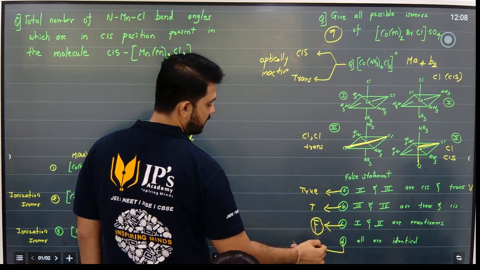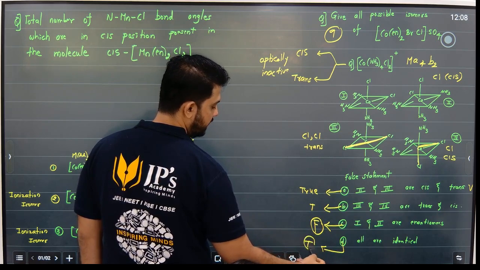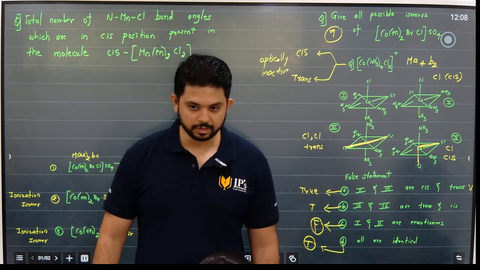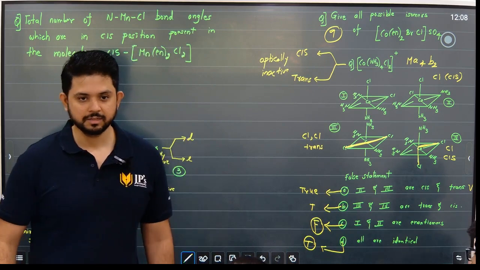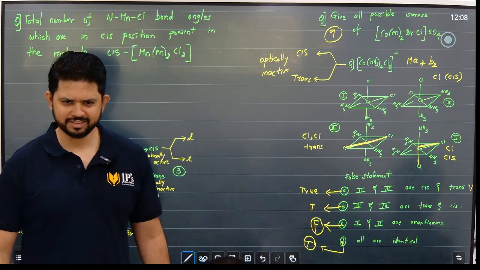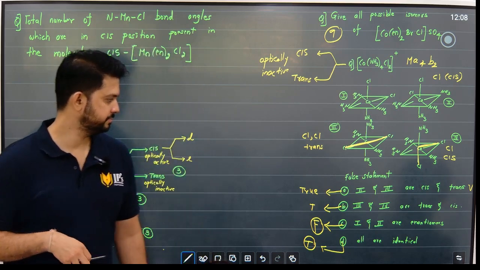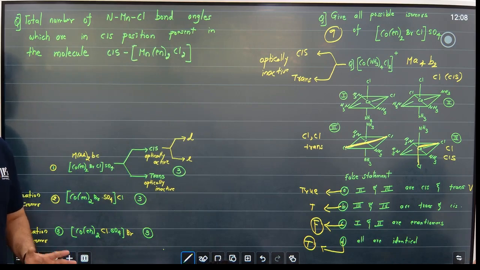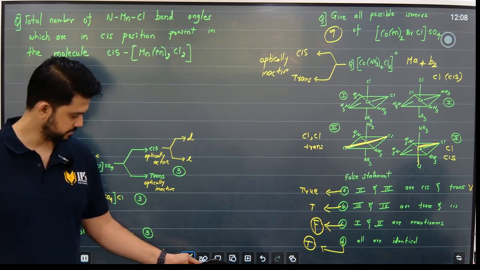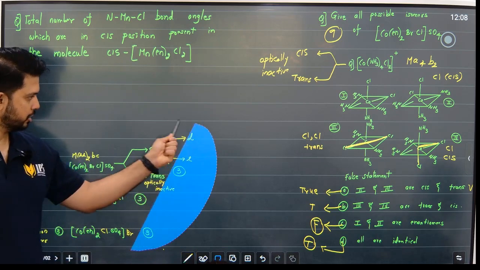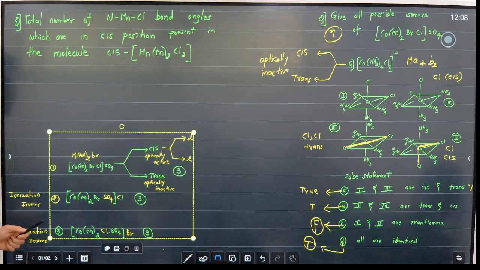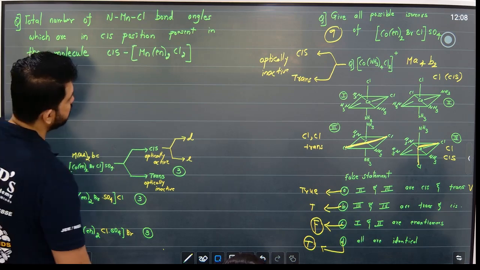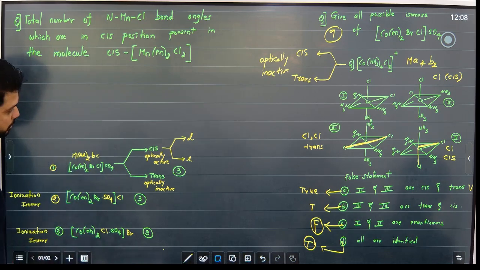Yes, all are identical. That statement is false. They are homomers. They all are identical. Understood? They are structures of the same compound. If they were optically active, then the third statement would also have been true, 1 and 2, if they were optically active.